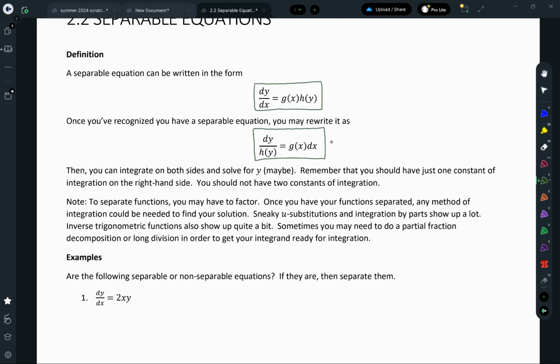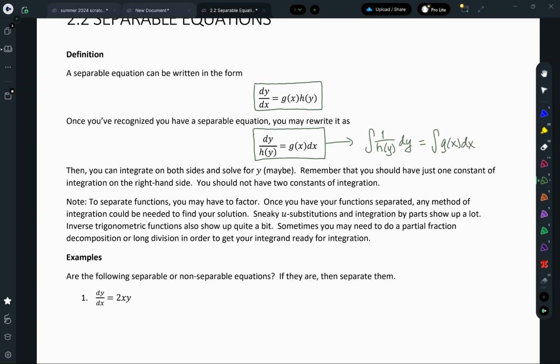At this point, once we're in this form, we can go ahead and integrate both sides. The left-hand side would be integrating 1 over h of y dy, and that would be equal to integrating the right-hand side, g of x, with respect to x.